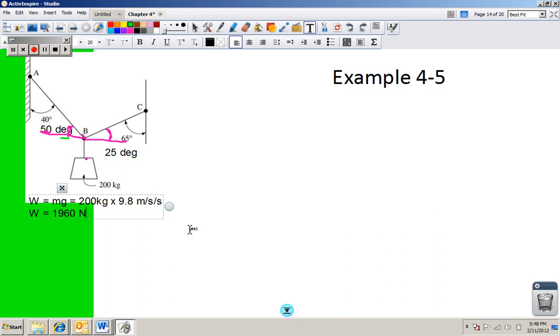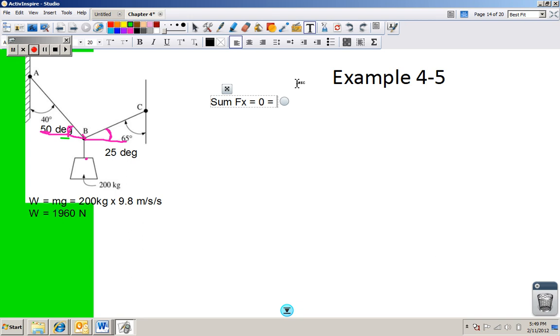Okay, so now that we have that, let's go ahead and write our equations of equilibrium. All right, so if we write sum of the forces x, those are equal to 0 because we're at equilibrium.